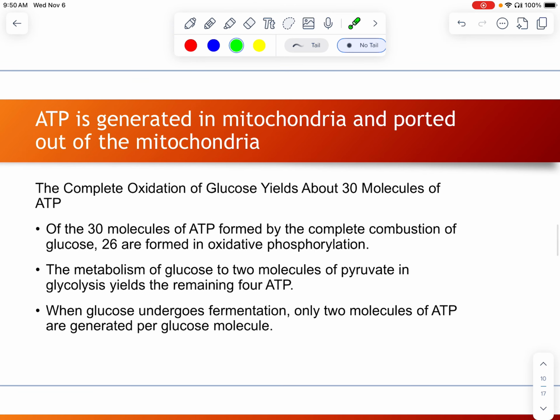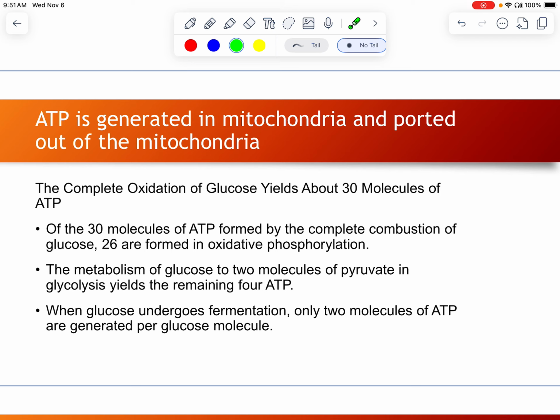So ATP is generated in the mitochondria, ported out of the mitochondria, and the overall complete oxidation yields 30 molecules of ATP. Most of those are from this oxidative phosphorylation, the pieces that we have been looking at now. So we're using the redox reactions to essentially power our addition of the phosphate onto the ADP. 26 of the 30 are from that.